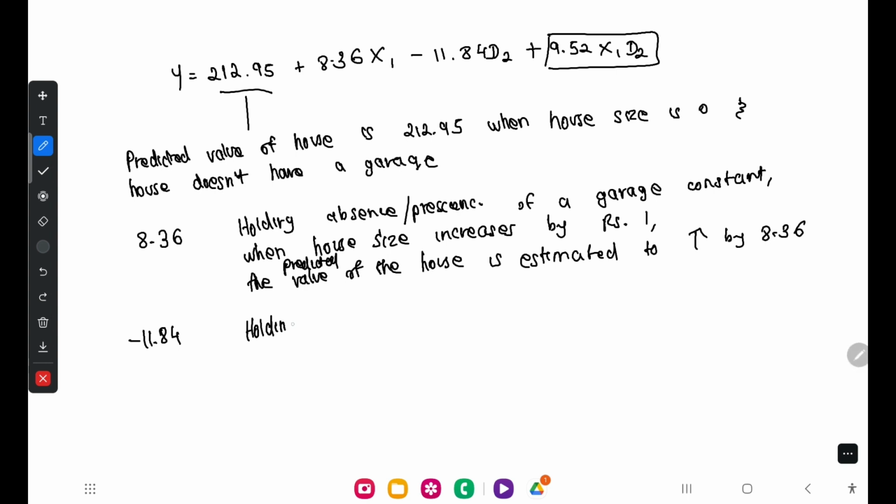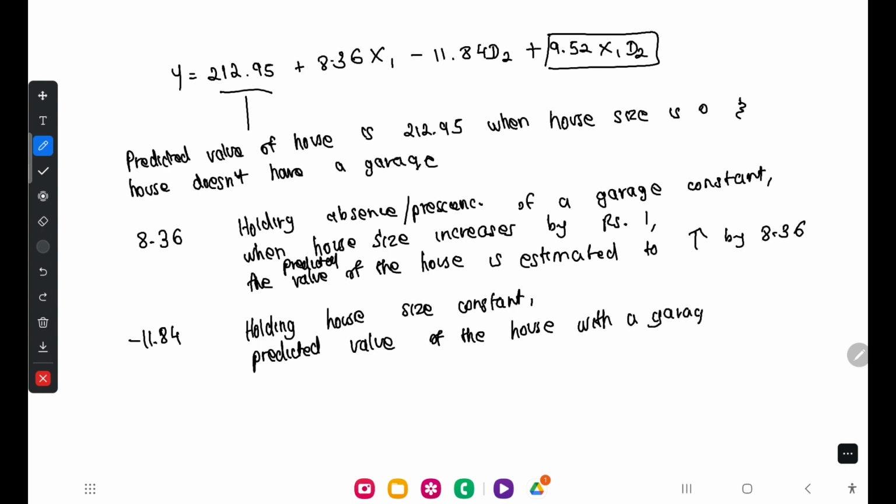So holding house size constant, the predicted value of the house with the garage is 11.84 rupees less in comparison to a house without a garage, our base category or reference category.